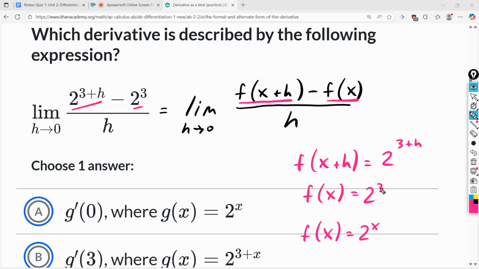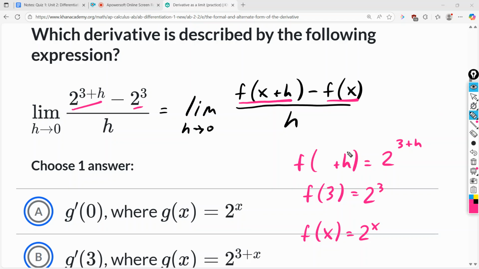Okay, and then right here, this would be f of 3. All right, so if I got rid of the x here, this would just be f of 3, because you sub in 3 in place of x right there. And since x equals 3, this would also be a 3 right here.